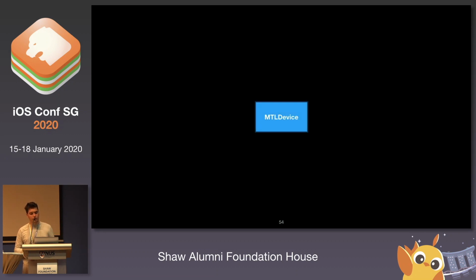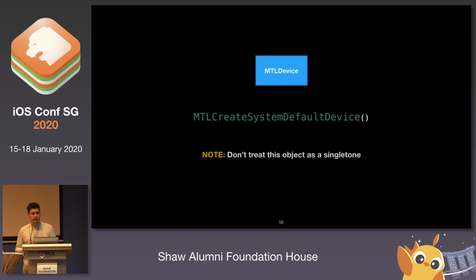So at the core of the Metal API is MTLDevice. It basically represents a single GPU. In order to get it, you usually call the MTLCreateSystemDefaultDevice function, but it's not a singleton object. In iOS, it actually kind of is, but if you use Metal on Macs, Macs can have multiple GPUs, one for high power processing, one for low power.